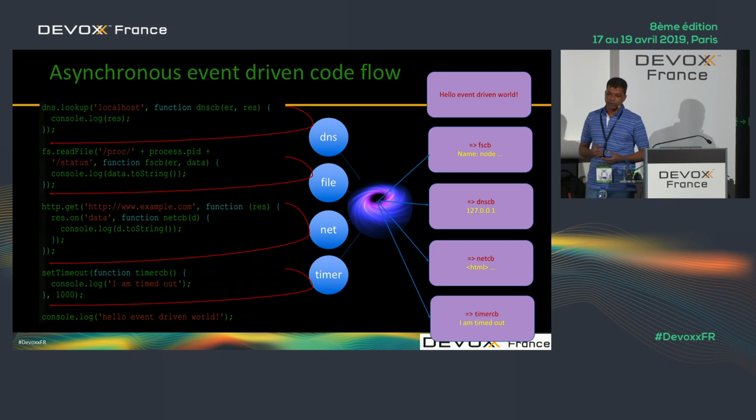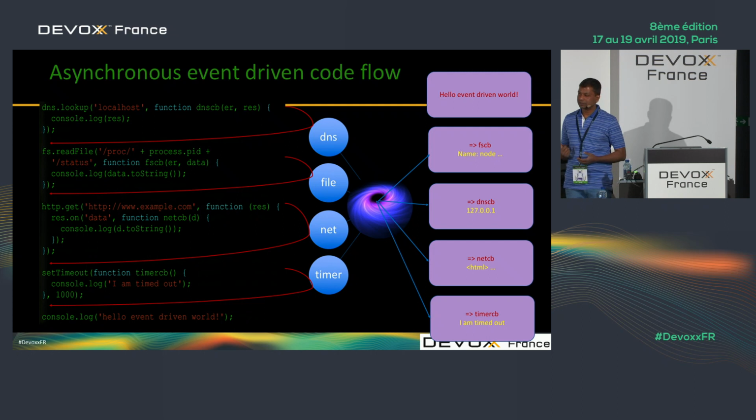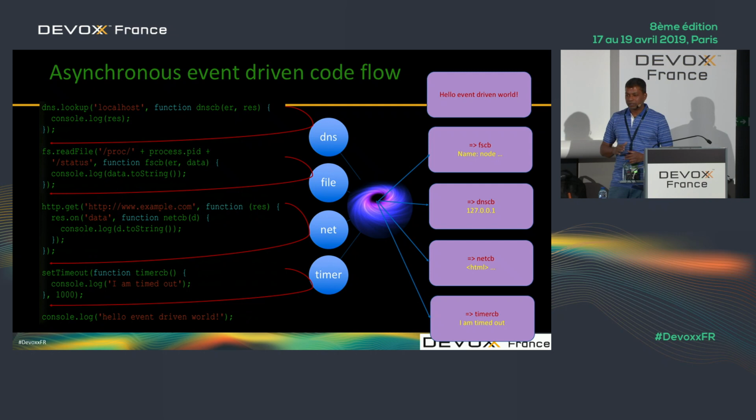Now, the whole idea here is that when the IO activities are pushed onto an abstraction or a particular queue or a stack, you are delegating those activities to the rest of the system or the operating system module, which is capable of doing that independent of your control flow, and you are able to freely execute other pieces of code in your application.